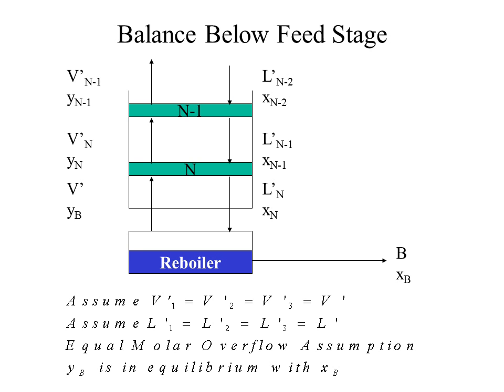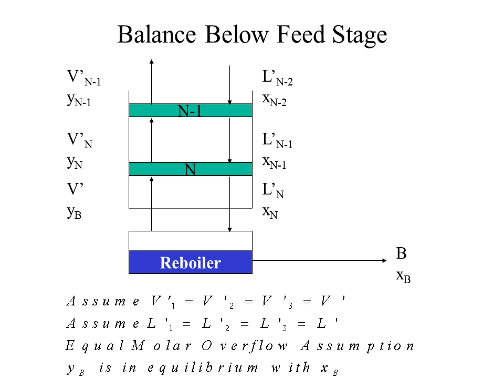Now we'll take a look at below the feed stage. Here we have a reboiler where vapor is generated. Our bottom flow rate is labeled B and has a composition of X sub B. And we have vapor rising up the column and liquid coming down the column. We're going to make the same type of assumption as we did before, where the vapor leaving each stage rising up is relatively equal to the one from the previous stage, and we'll call that V prime.